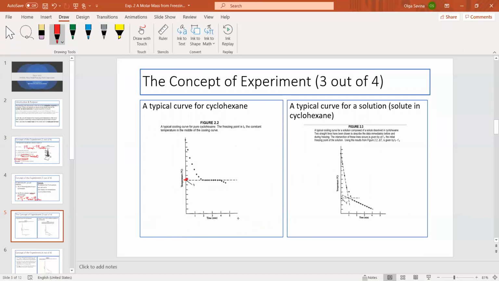And on the right side, it's a typical curve for a solution, solute in cyclohexane. We have to draw two straight lines to describe the data immediately before and during freezing, and the intercept will tell us about the freezing point of our solution.